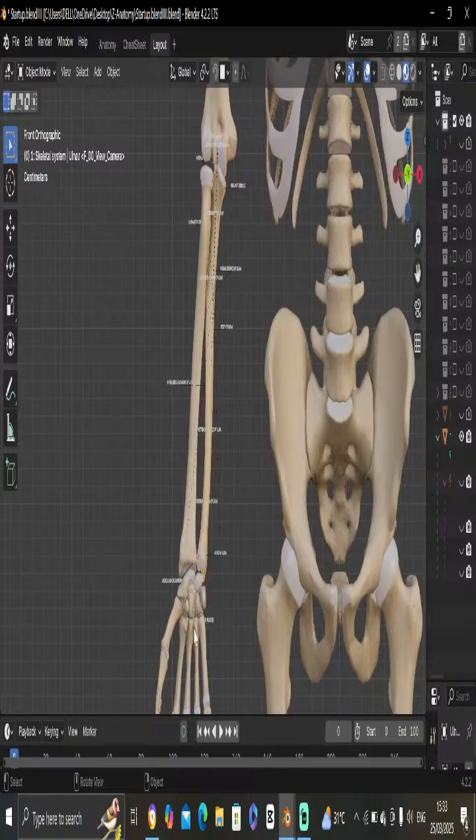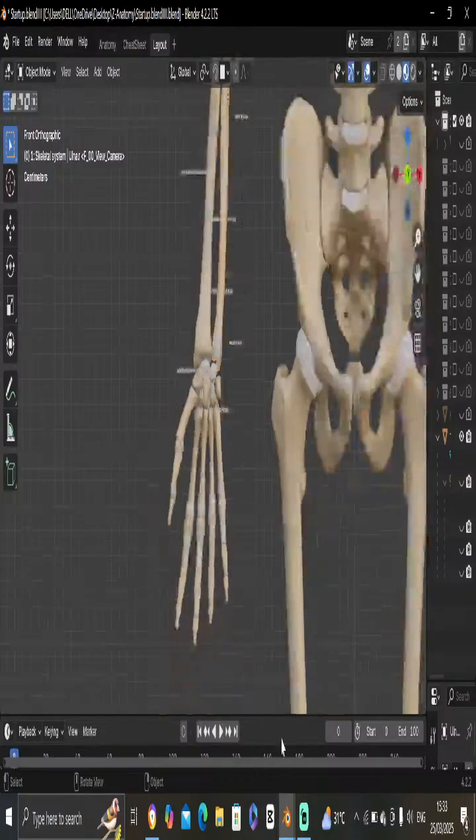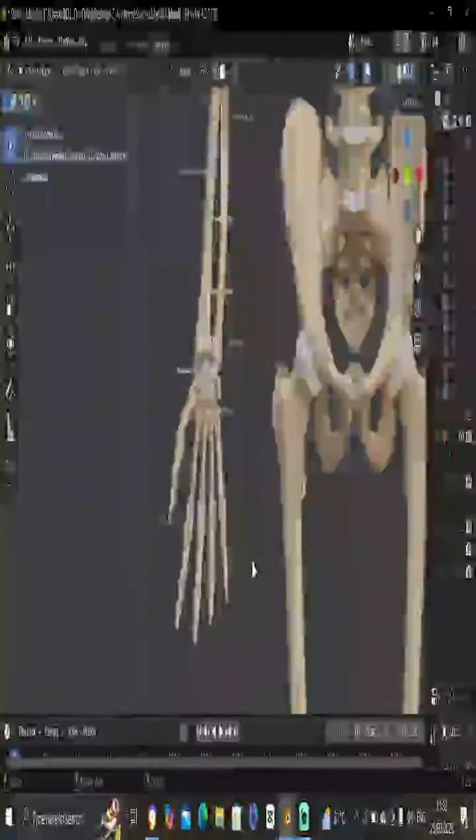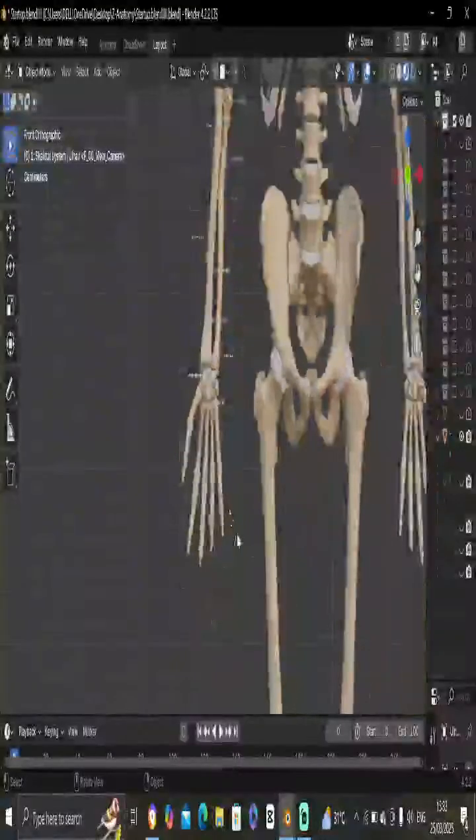Then the 5 metacarpals, that will make 18. Then the 14 phalanges, that will make 32. So we have 32 bones in each upper limb. 32 plus 32 will make 64 bones in the upper limbs. Remember, we have 206 bones in the human body.